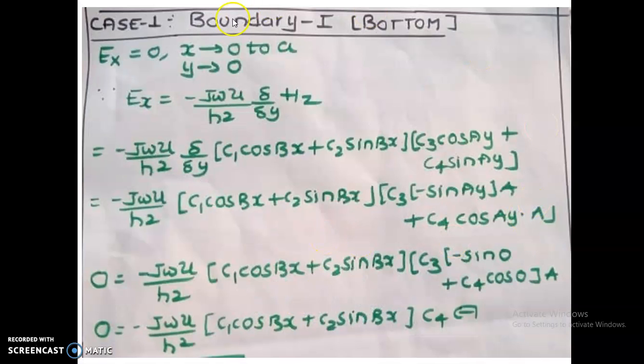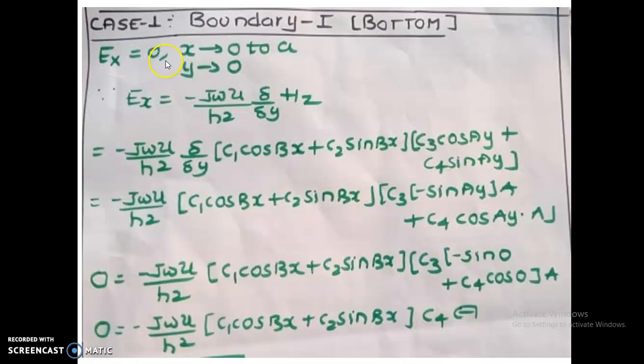Now we're going to start boundary condition number 1, which is the bottom. What we are assuming here is that Ex is equal to 0. As already I told, Ez and Hz are 0 at the surface, or when it touches the surface, we treat the electric field and magnetic field as 0. So now if Ez and Hz are 0, then automatically Ex should be 0 at the boundary, at the surface, not in the space; that you have to understand.